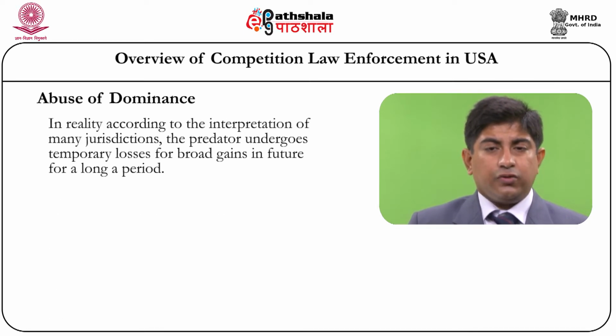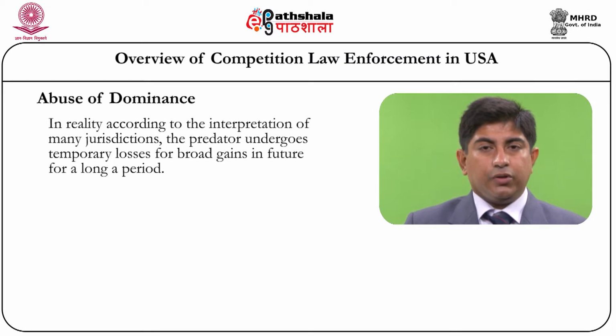In reality, according to the interpretation of many jurisdictions, the predator undergoes temporary losses for broad gains in future over a long period. In this context, recoupment is also supposed to be established by the Federal Trade Commission or any antitrust agency, to prove that the predator really affected the business of all the other smaller players in the same market.